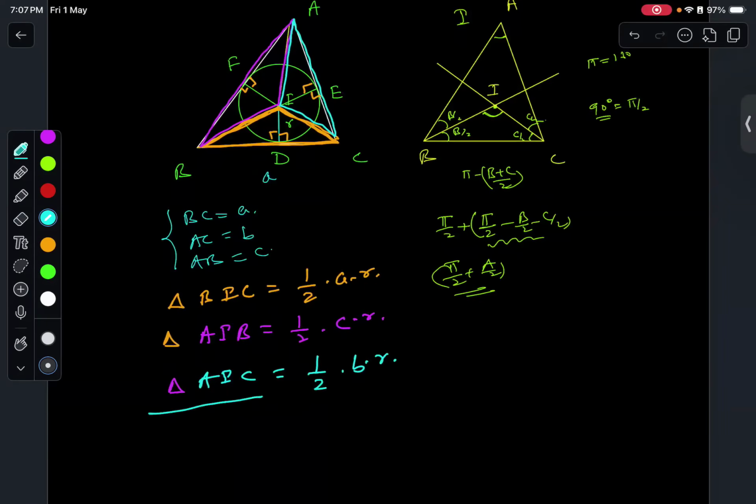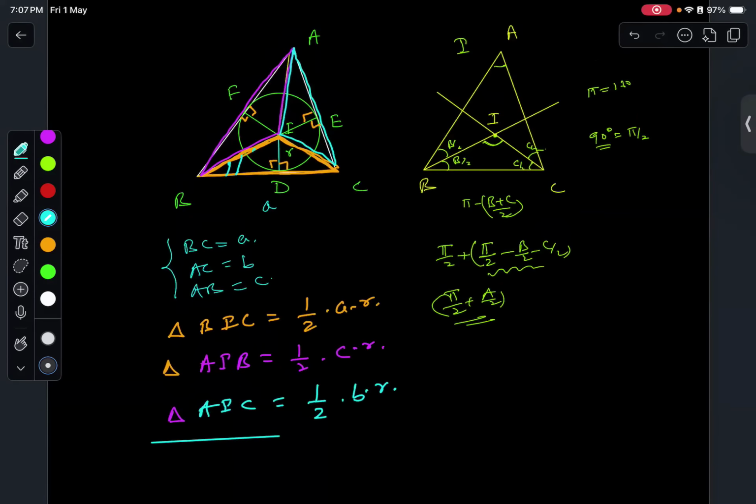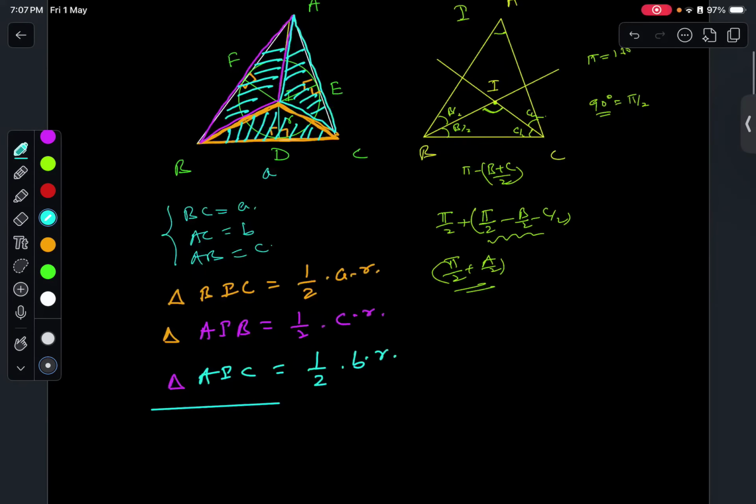If I add all the triangles, can you see this? First triangle was this one, second was this one, and third was this one. The complete triangle comes around this, so the sum of these three will be the area of ABC.